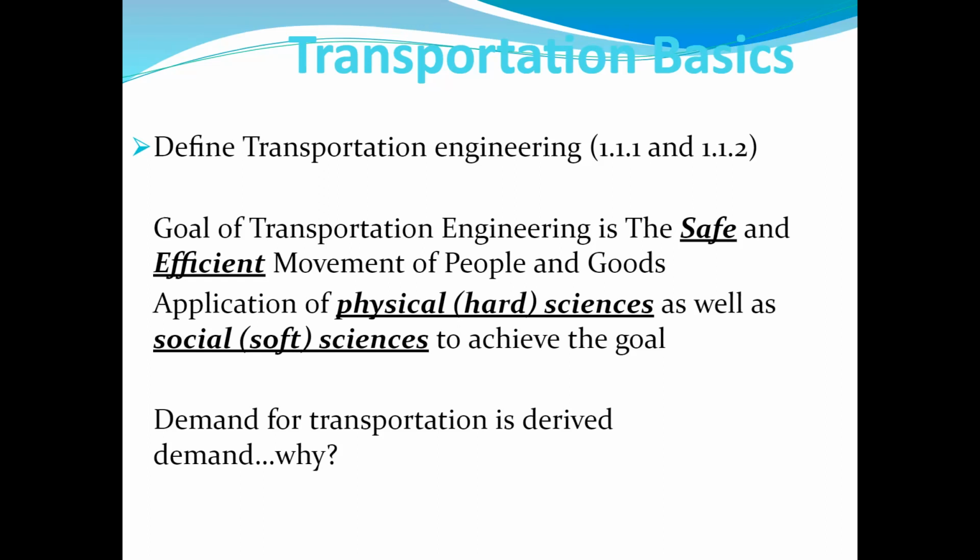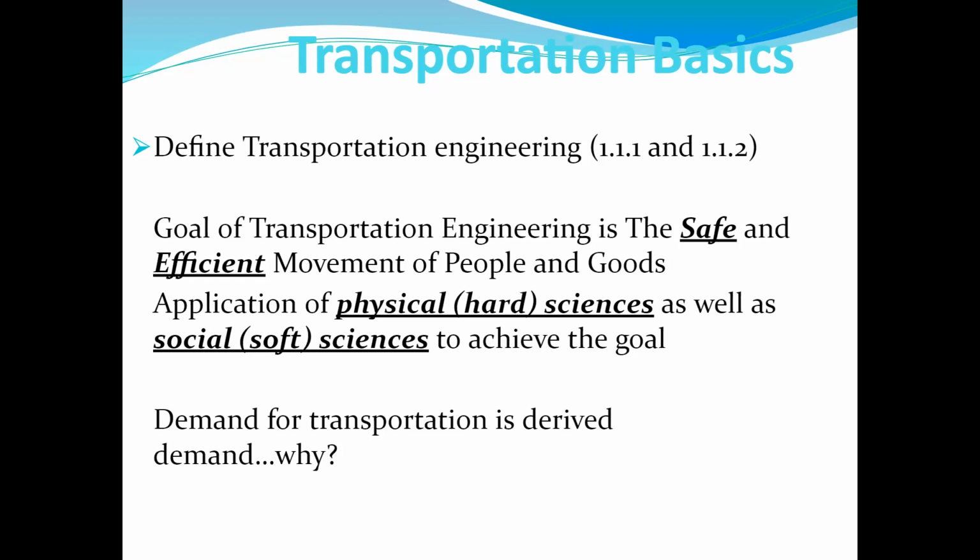So the goal of transportation engineering is the safe and efficient movement of people and goods. I've underlined safe and efficient. Both goals are critical. Obviously, safety comes first. So we want to have people be as safe as possible, but then we have to balance that with the efficiency requirement.